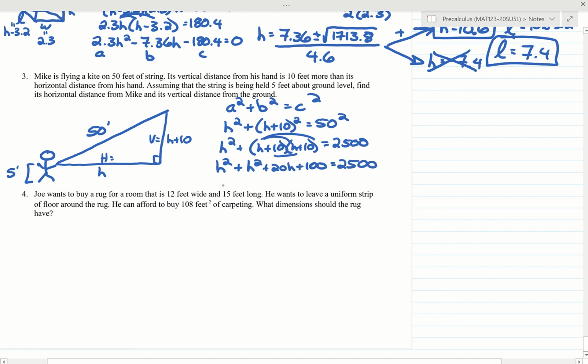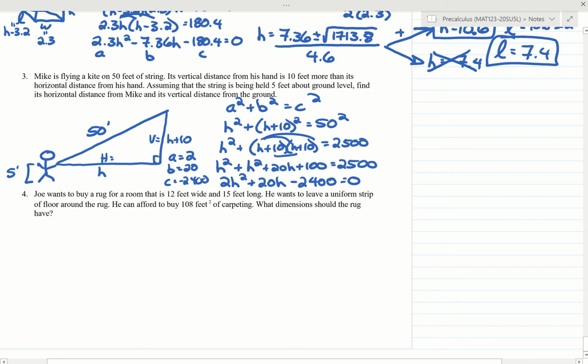And because this is a quadratic equation, we want to get everything on one side. So 100 minus 2500 is minus 2400, equal to 0. Now we're ready for our quadratic formula, where a is equal to 2, b is equal to 20, and c is equal to negative 2400.